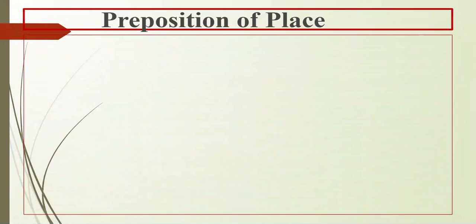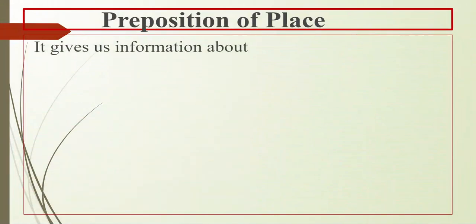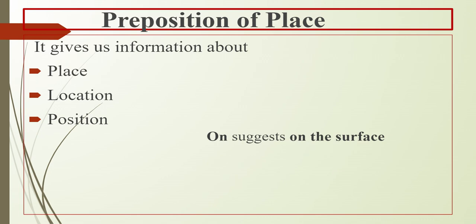Preposition of place. It gives us information about place, location, position. For example, here first let's take up on, which suggests on the surface. Now here if you're talking about place, on suggests on a particular surface. Above means a little higher.